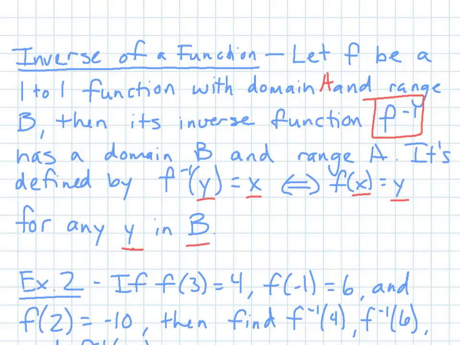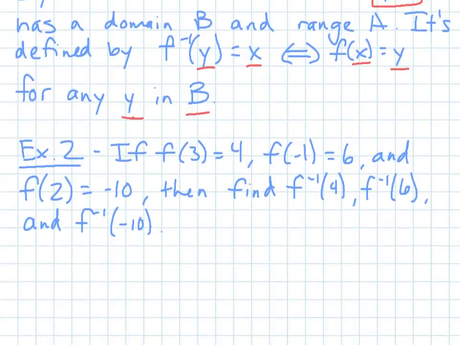So what that's telling you is that if you have a graph of f of x equals y, then switching the x and y values is how you define the inverse. But this only works if your function is one-to-one. Your function does not have an inverse if it's just a regular function and it's not a one-to-one function.